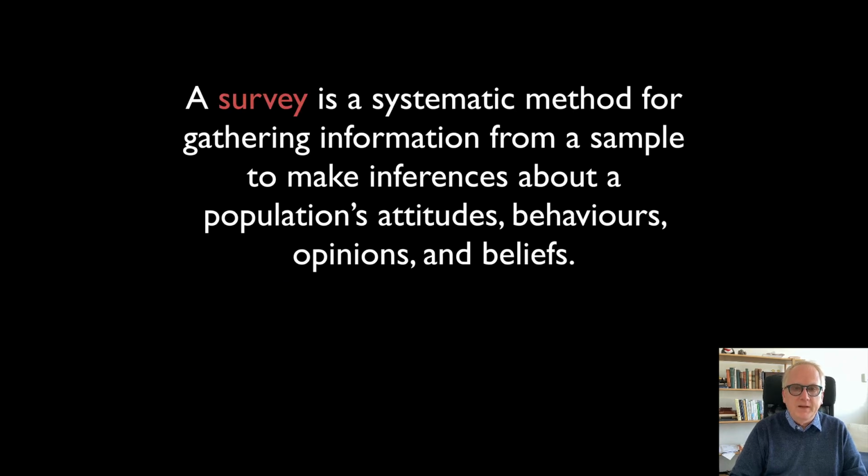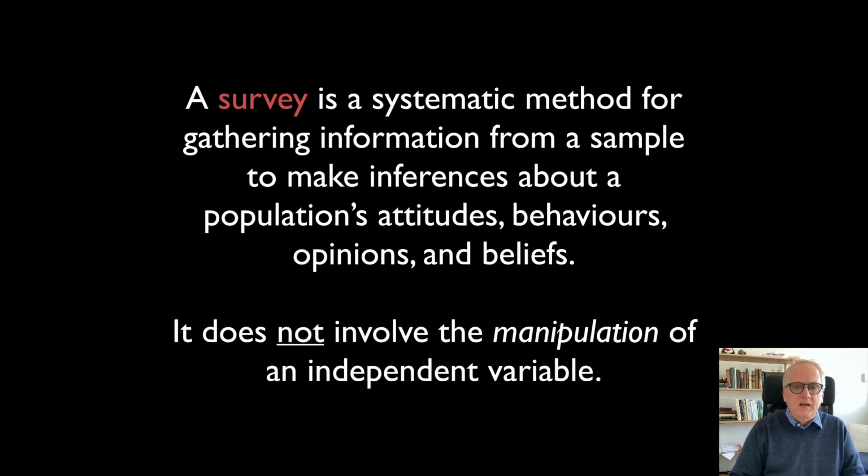So a survey is a systematic method for gathering information from a sample to make inferences about a population's attitudes, behaviors, opinions, and beliefs. So this is very much used to try to make probabilistic inferences about what a population's attitudes, behaviors, opinions, and beliefs are. It does not involve the manipulation of an independent variable.